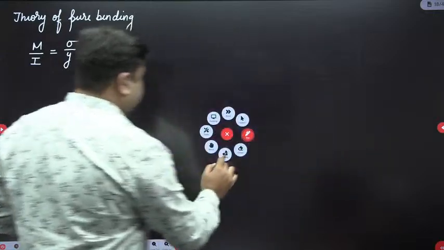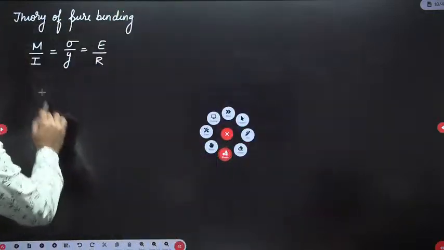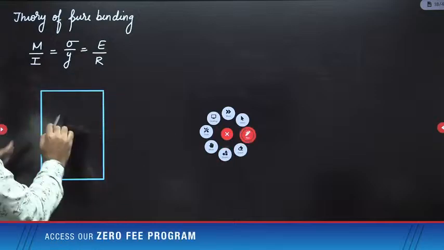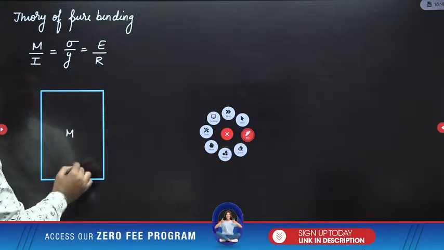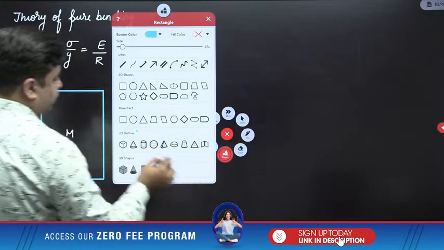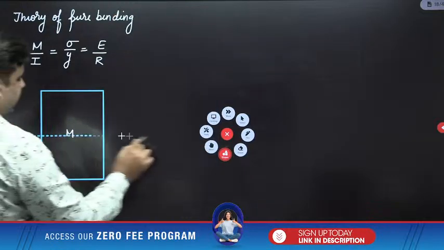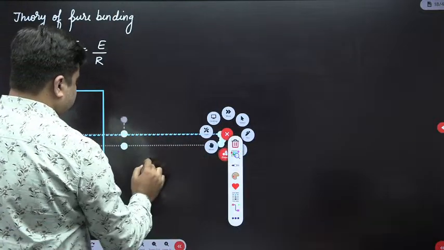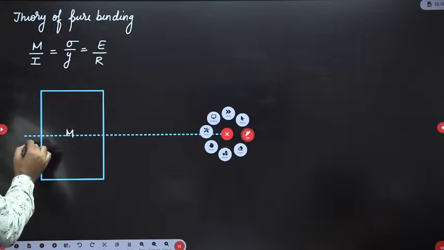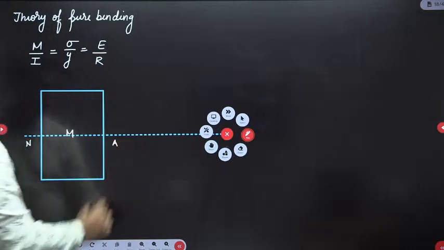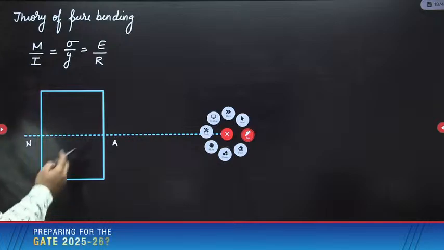Now over the cross section, if any bending moment is acting, for example, this is my cross section, and over this cross section moment M is acting. First of all, due to this moment M, the beam will undergo bending about the neutral axis. The neutral axis always passes through the CG of the cross section.